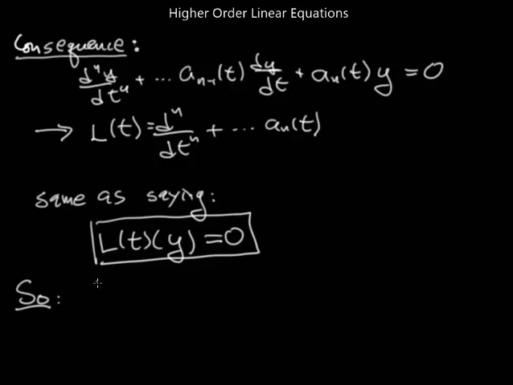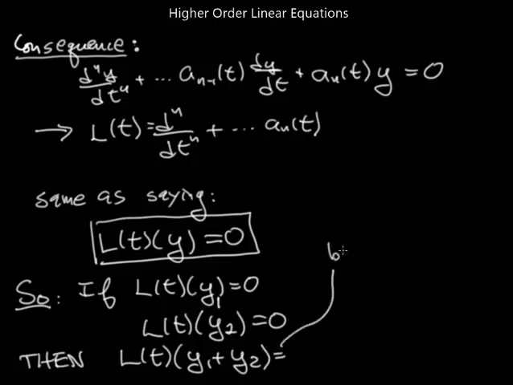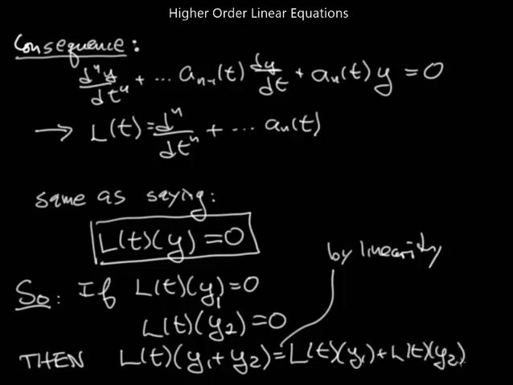It tells us that, notice that if L of t of y1 is equal to 0, and L of t of y2 is equal to 0, then by the linearity property, we know that L of t applied to y1 plus y2 is equal to 0. Because by linearity, this is equal to L of t y1 plus L of t y2, which is 0 plus 0.